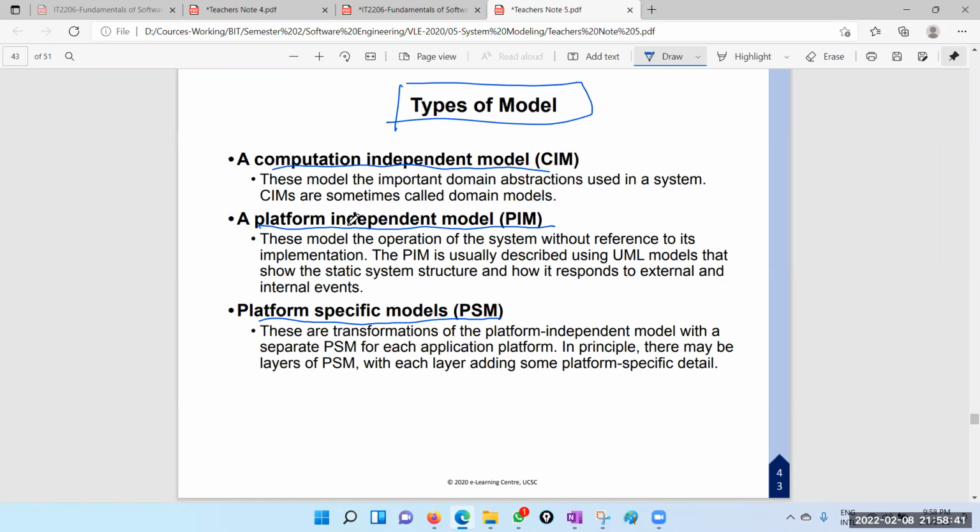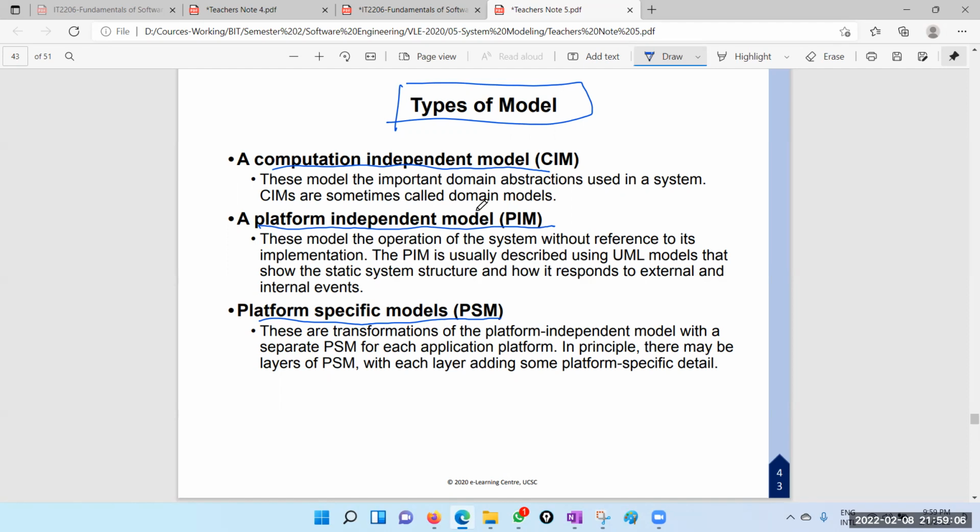Then we have the platform independent model. So that means it is not as abstract as computation independent. Of course, the computational things are there, but we model it in a platform independent way. It's like we have modeled it in a technology neutral manner.